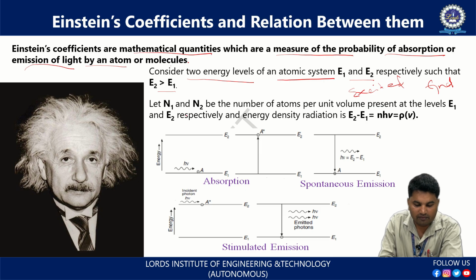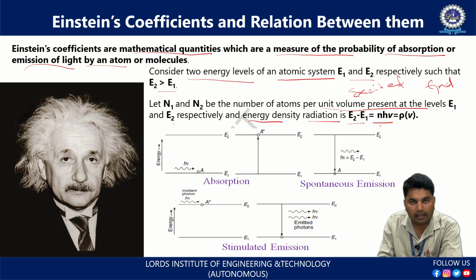N1 and N2 be the number of atoms per unit volume present at the level E1 and E2 respectively, and the energy density of radiation is given by E2 minus E1 equals n h nu equals rho of nu, where rho of nu is representing energy density.